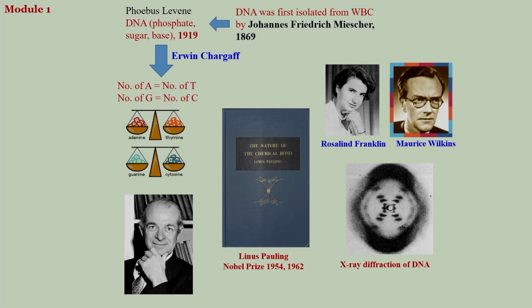With the help of the actual experiment, the X-ray diffraction pattern of DNA obtained by Rosalind Franklin and Maurice Wilkins, Watson and Crick finally came up with the structure of DNA, the double helical structure of B-DNA.